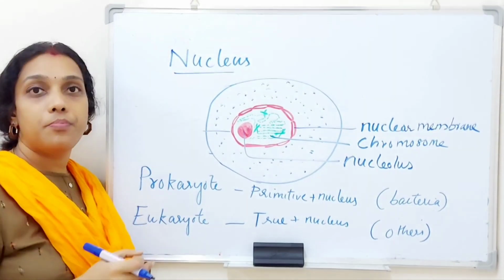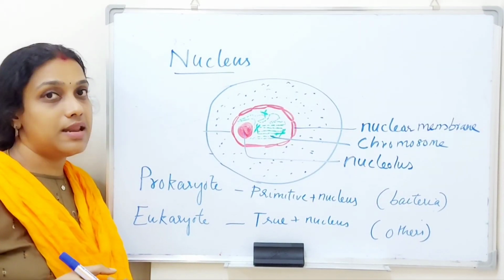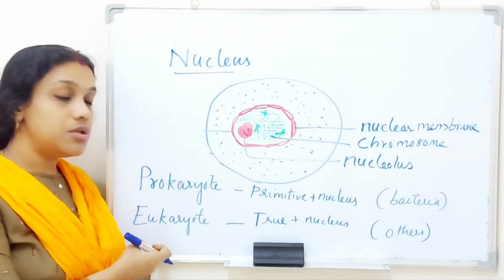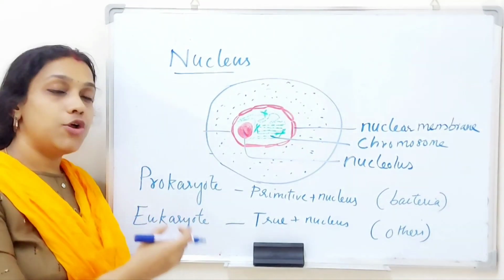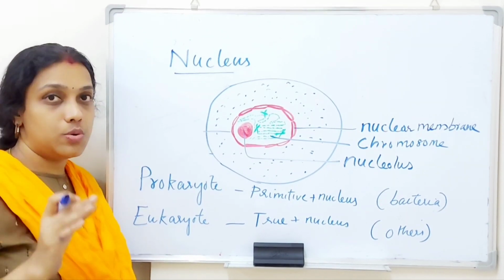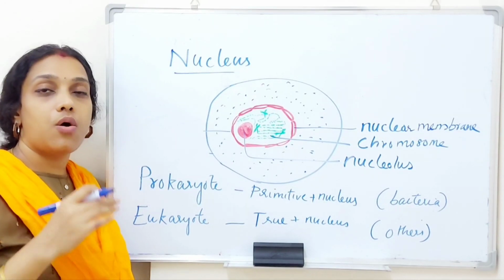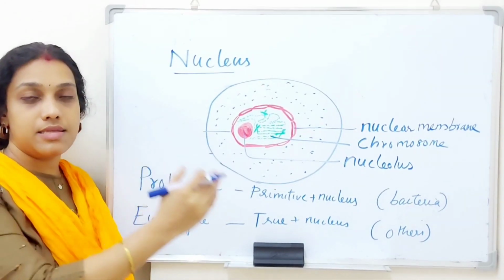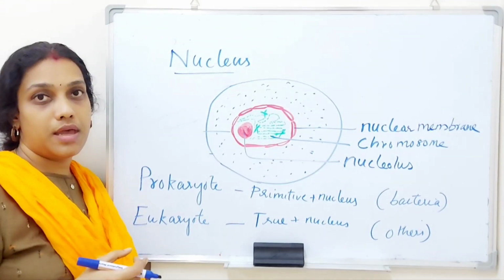Examples are bacteria, blue-green algae, etc. Now comes the eukaryote. Eu means true. So eukaryote means true nucleus. Organisms that have a true, real nucleus are known as the eukaryotes, and all the other organisms except bacteria and blue-green algae are eukaryotes.